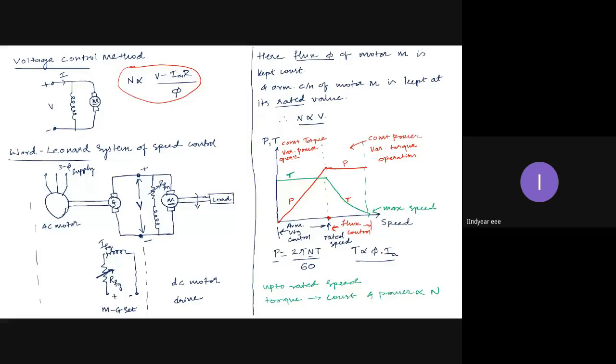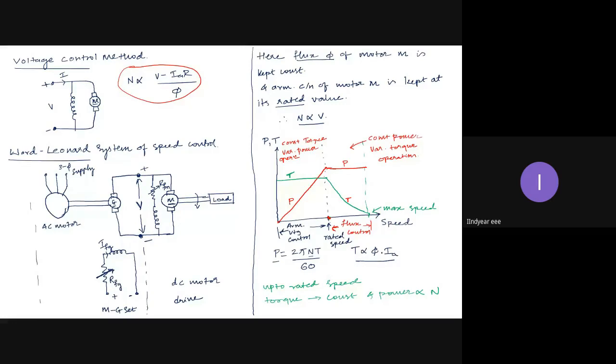This method of speed control uses two more additional machines, one prime mover and one separately excited DC generator, which makes the capital investment a bit higher, less efficient, more noisy, and requires more space. With all these disadvantages, the advantage was the smooth speed control and wide range of speed control.